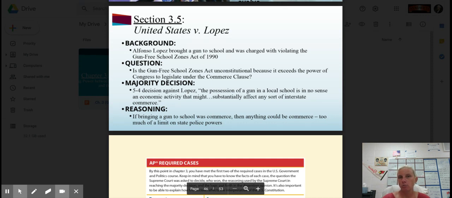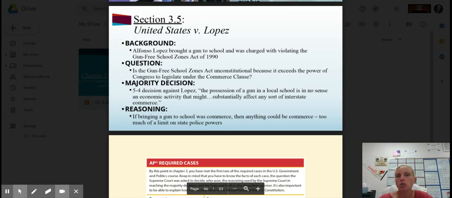So the question was, is this Gun-Free School Zones Act unconstitutional because it gives too much power to the national government? It was a Commerce Clause question. It wasn't a gun question. The excuse was that the FBI arrested him because he bought the gun out of state.